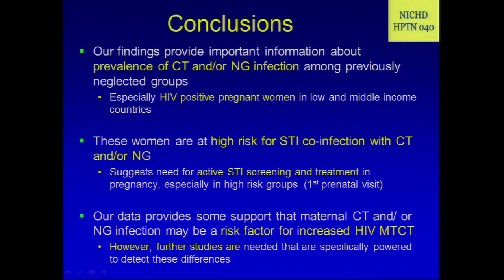So our data also makes a case for the need to at least do some screening for these STIs at the first prenatal visit. And lastly, it suggests that there might be some association of chlamydia and/or gonorrhea with HIV maternal-to-child transmission. However, further studies are needed that are powered to detect these differences.